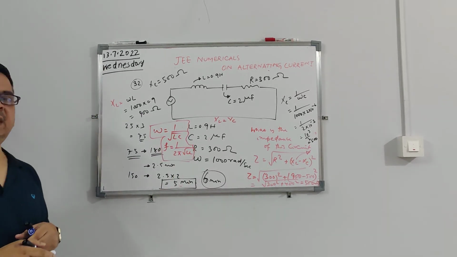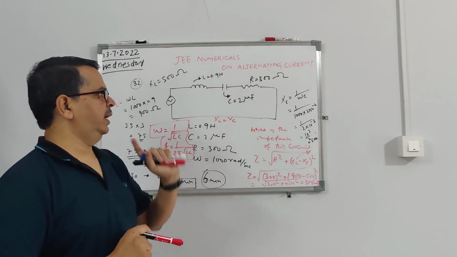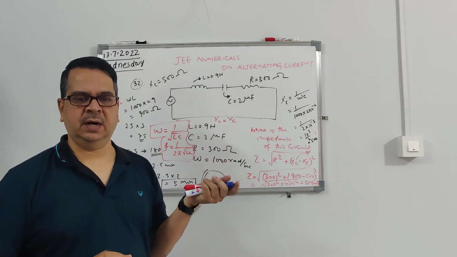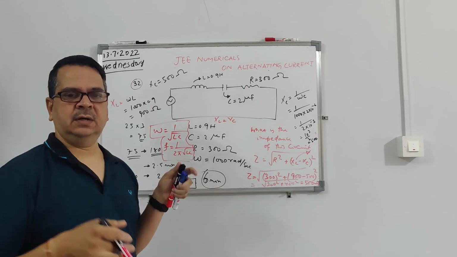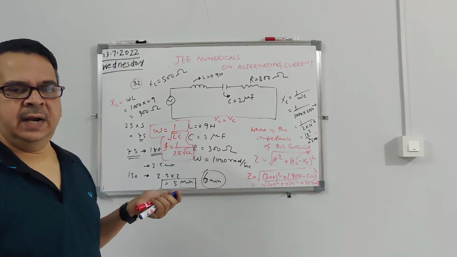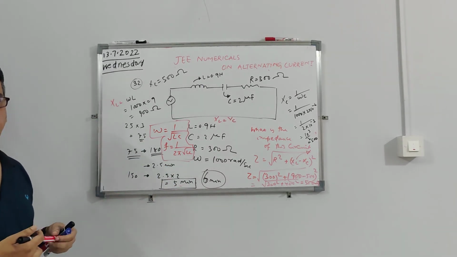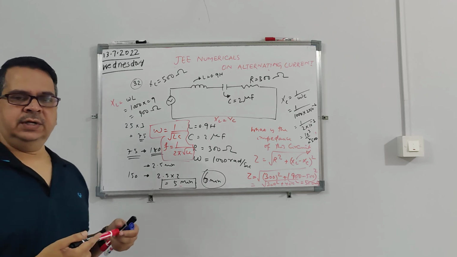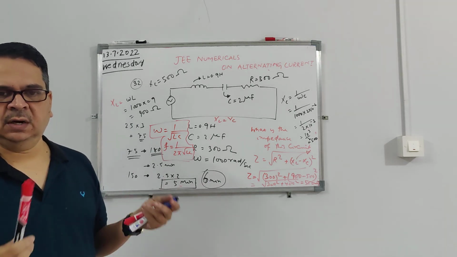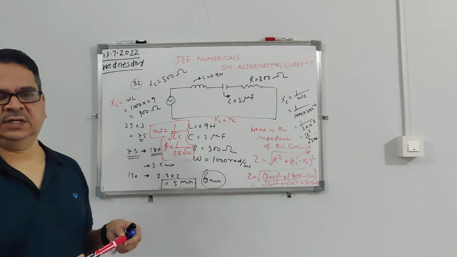Another important catch point is whenever you have millihenry or microfarad, you have to convert it into Henry and farad to get the units in SI. Ohm is the SI unit of resistance, inductive reactance or capacitive reactance.